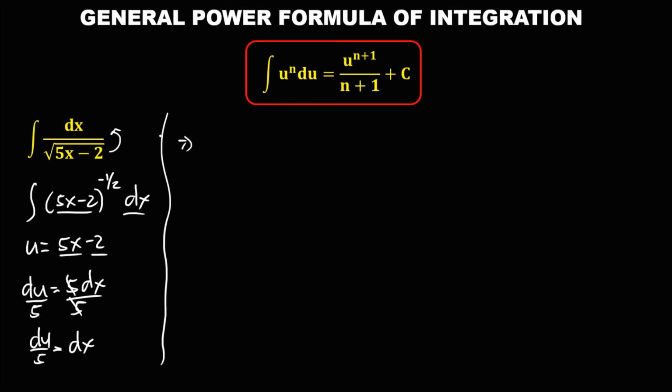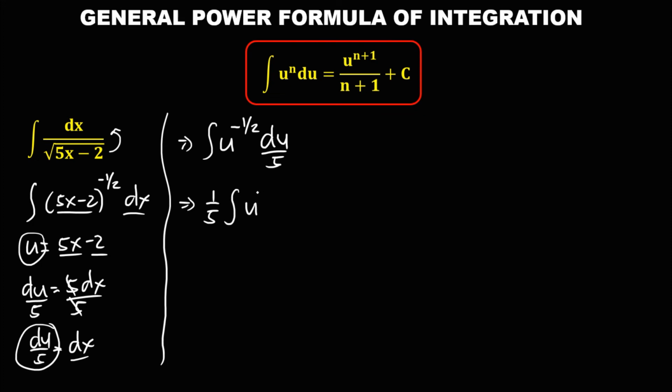Then to solve now for the integral, we have the integral of u to the power negative 1 half. Then dx is du over 5. So du over 5, then this becomes 1 over 5 times the integral of u to the power negative 1 half, then the du.